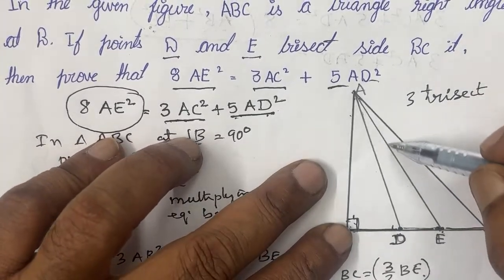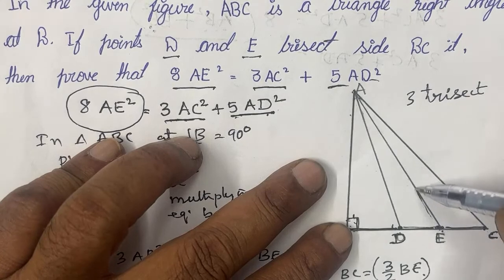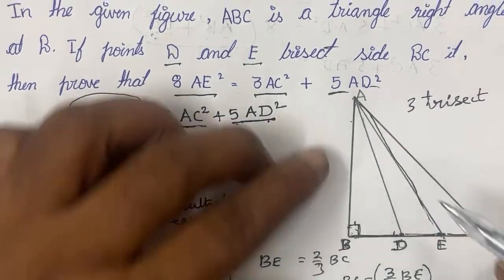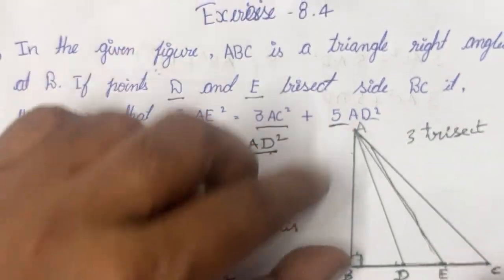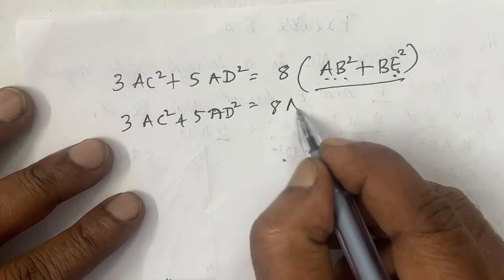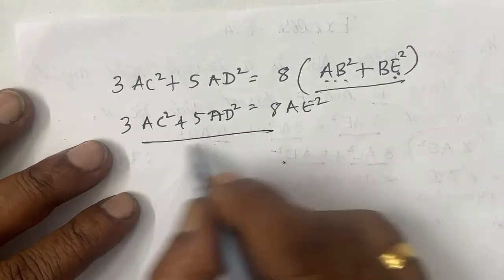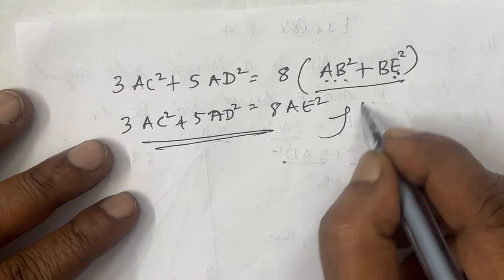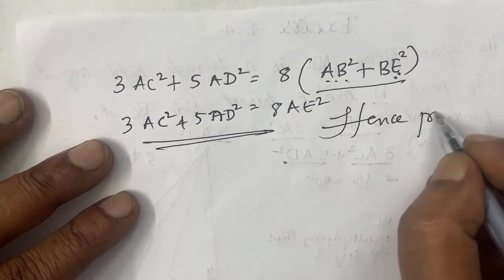Then we will get AE square. AB square plus BE square means AE square. So I am writing here 8AE square. Whatever we wanted, we got it. Hence it is proved.